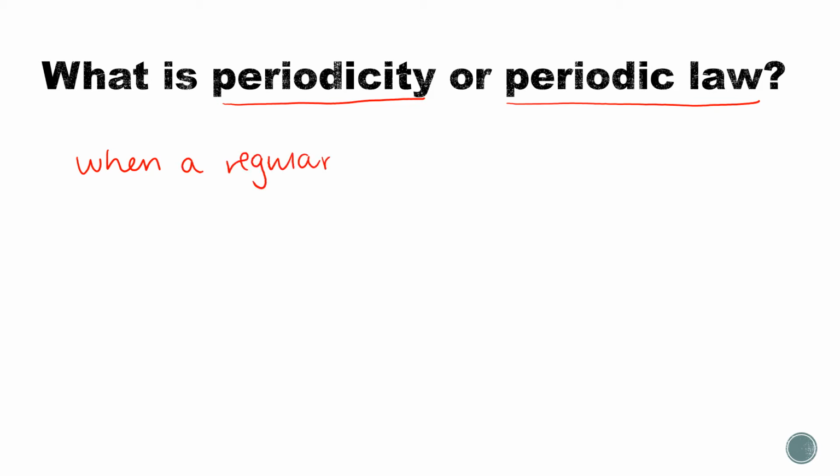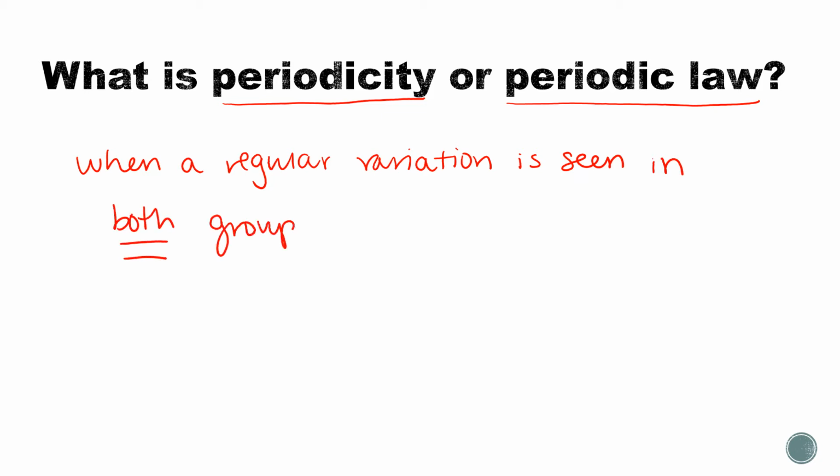So when we see a regular variation in both, and this is the key word here, in both groups, which remember are the columns, and periods, which are the rows. So what we're going to be looking at in the rest of this video are a couple of different periodic trends, and then we'll actually continue with more periodic trends in our next video.